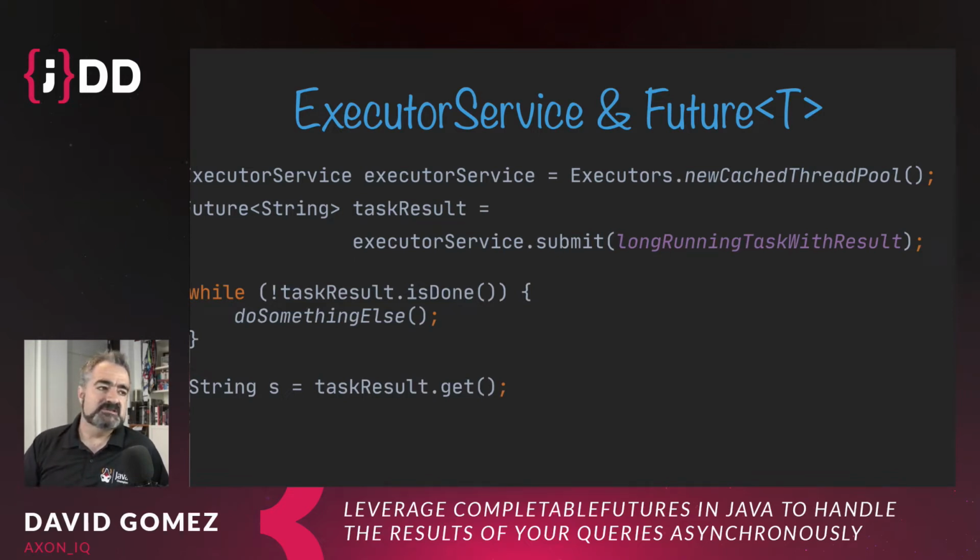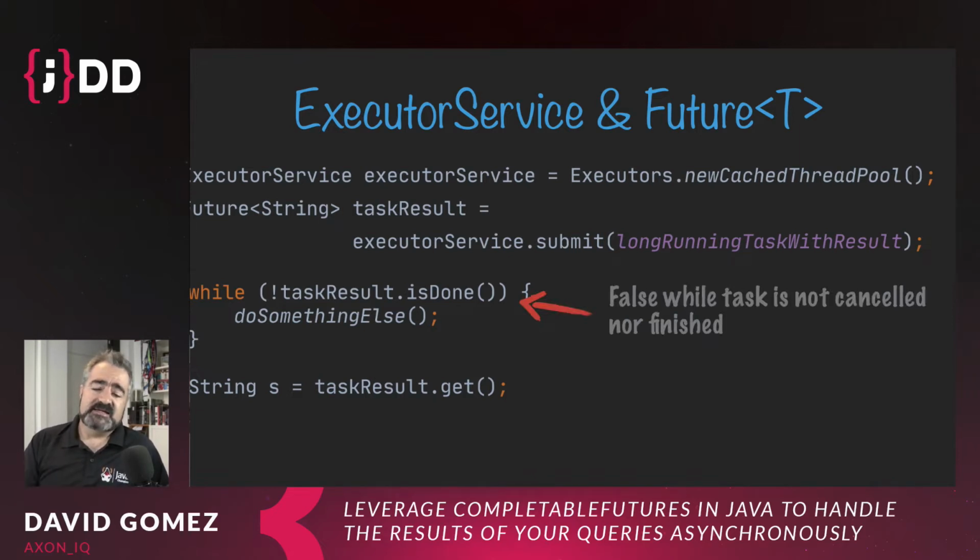So maybe this is not what we want to have, but with the future, one of the things that we could do is enter a loop in which we ask the future whether it's done, whether the task is finished or not. And while the task is not finished, we could go and try to execute some other code that will be useful while the main task is still executing.